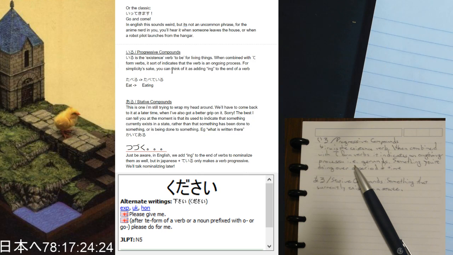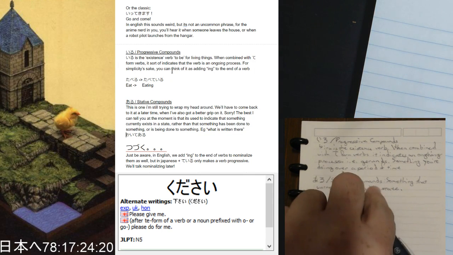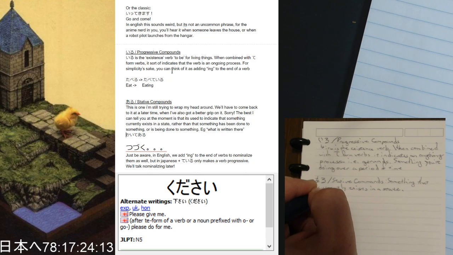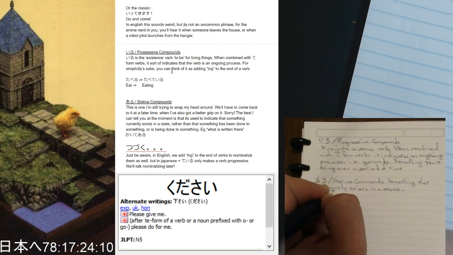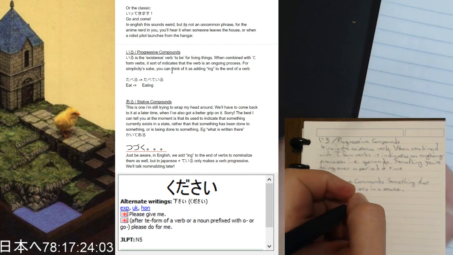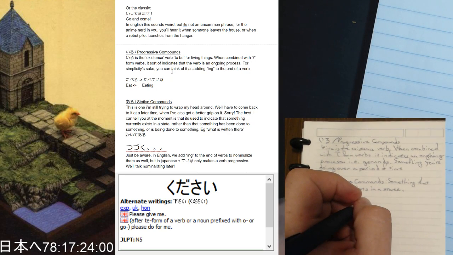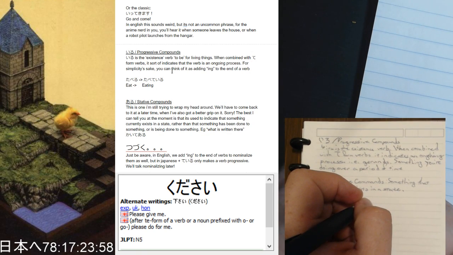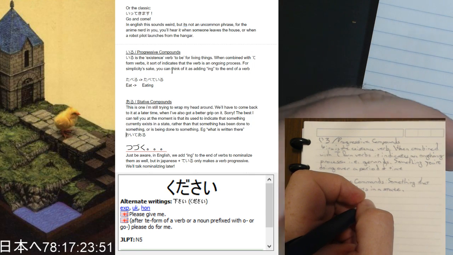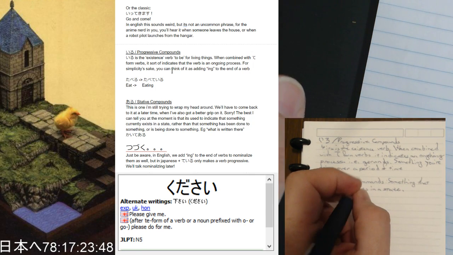Like, is written. Like, not the past tense of wrote, but is written.